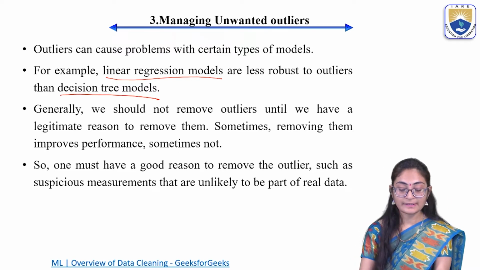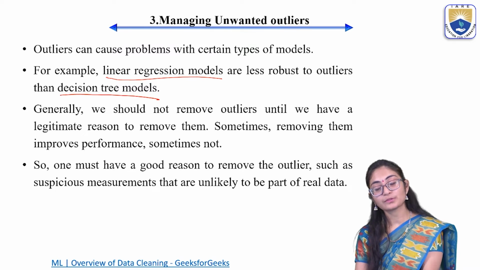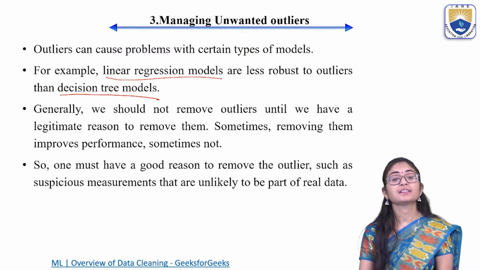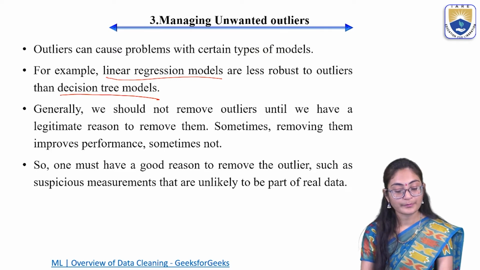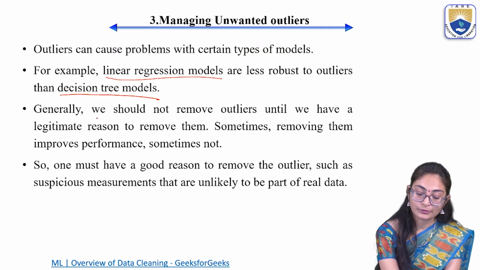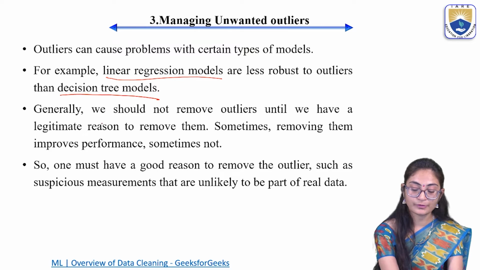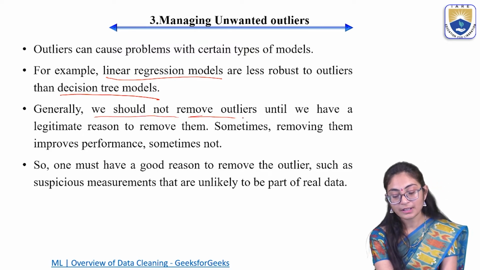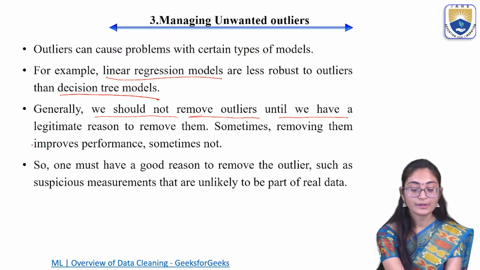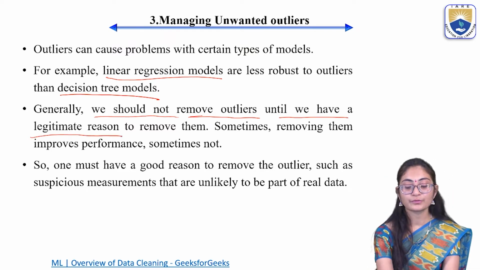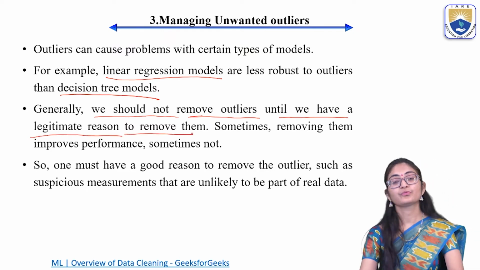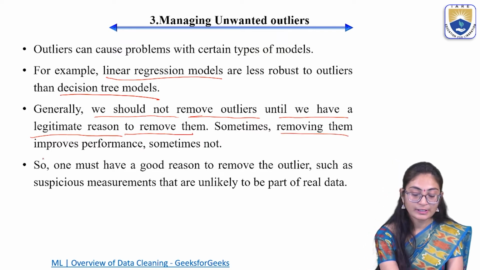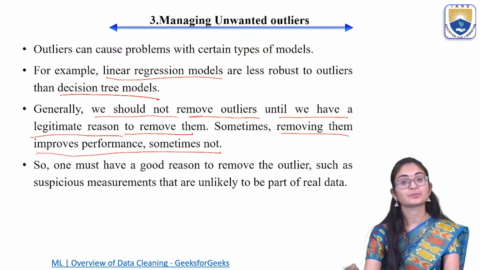If you have a valid reason for removing the outliers, at that time you can remove it, otherwise you cannot remove it. See here I have written: we should not remove the outliers until we have a legitimate reason to remove them. And sometimes removing them improves the performance and sometimes not.